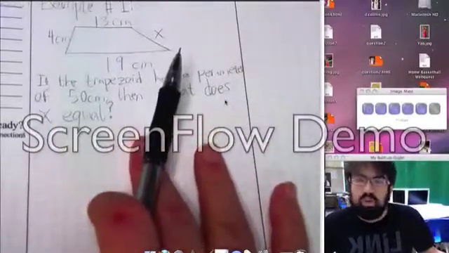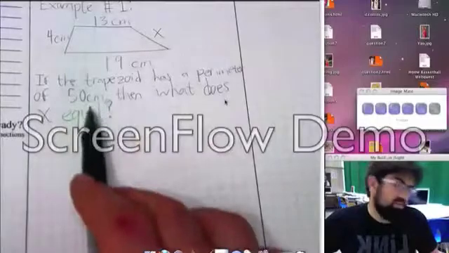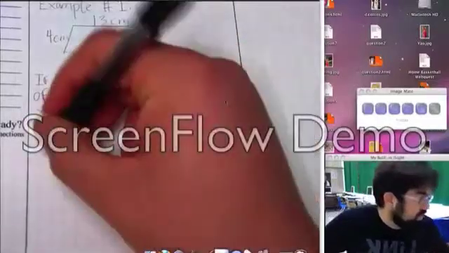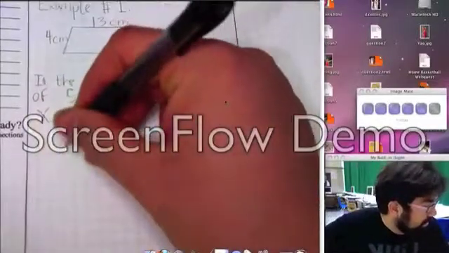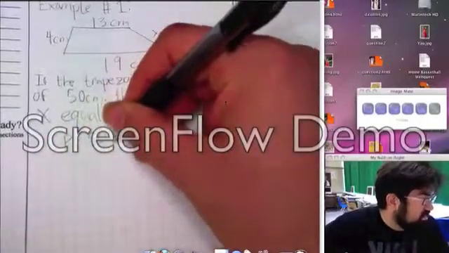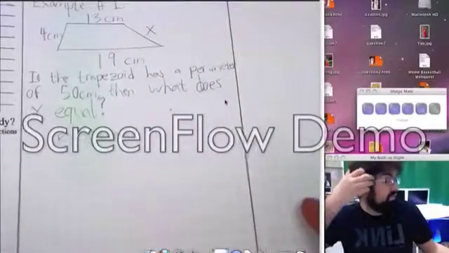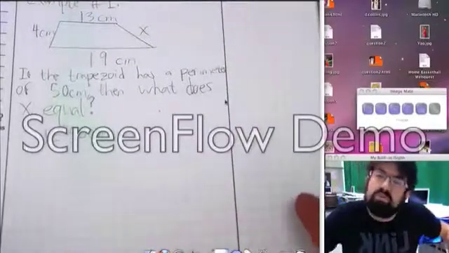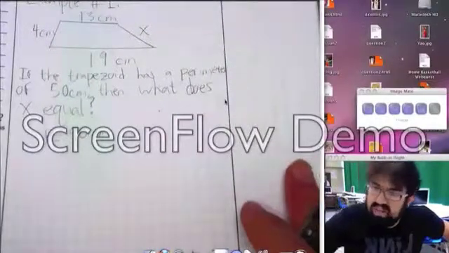So that's very important to write down. We're going to write that down first: P equals 50 centimeters. And I'm going to keep that just right over there.